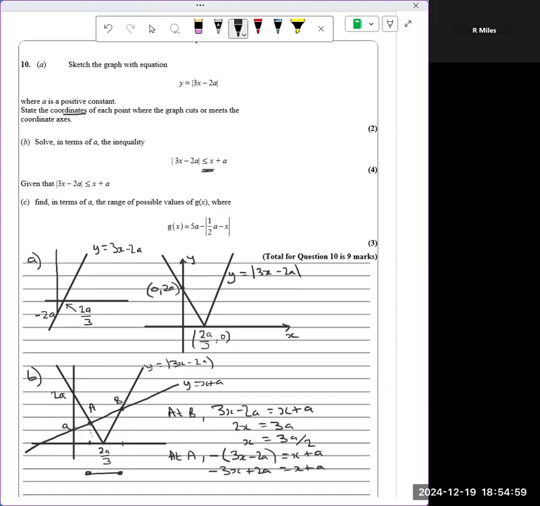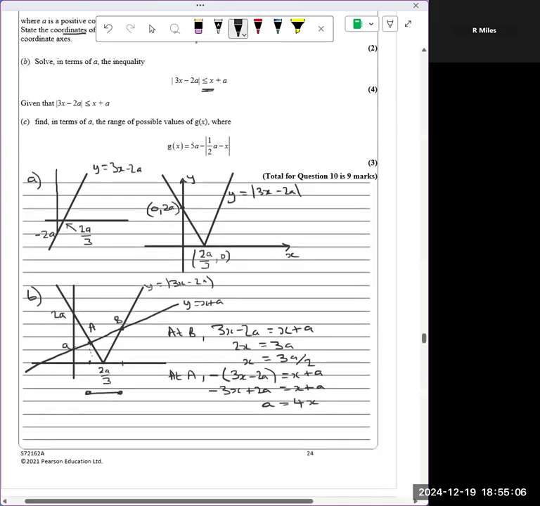Add the 3x to give us 4x. Subtract the a to give us a. And then that gives us x is a over 4. So our answer is this interval here, which is a over 4 is less than or equal to x, which is less than or equal to 3a over 2.